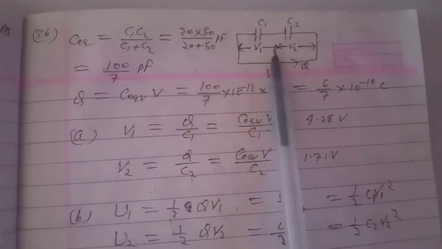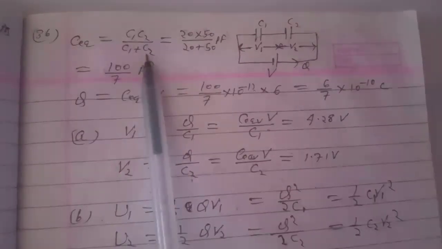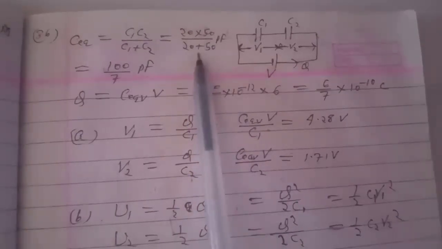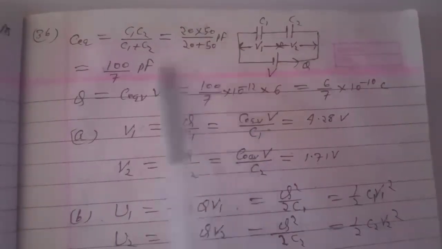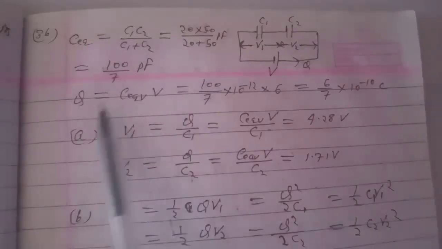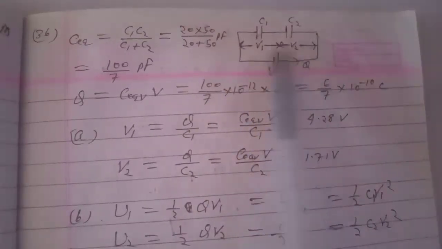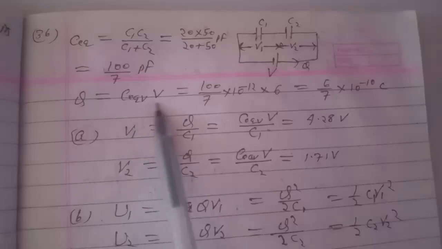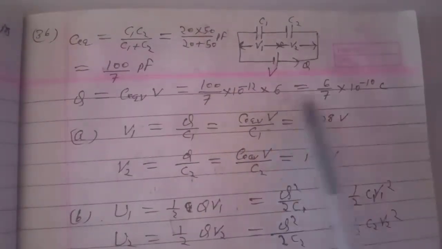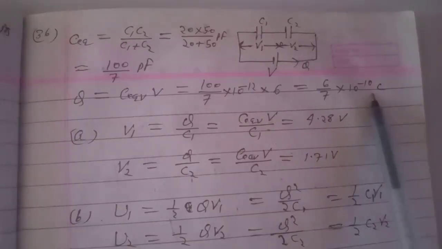In series we know that equivalent capacitance is given by the formula C equivalent equals C1 C2 by C1 plus C2 for two capacitors. Now 20 into 50 by 20 plus 50 picofarad, or 700 by 7, that is 100 by 7 picofarad. So Q will be the charge on the capacitor, because each capacitor will have the same charge. So Q equals C equivalent into V, or 100 by 7 into 10 to the power minus 12 into 6, which is 6 by 7 into 10 to the power minus 10 coulomb.